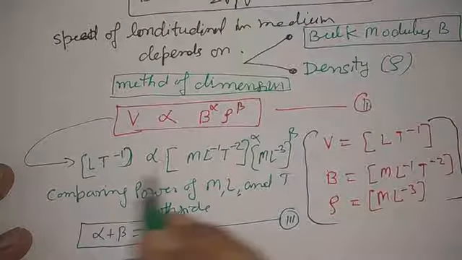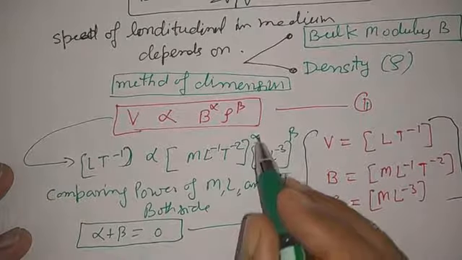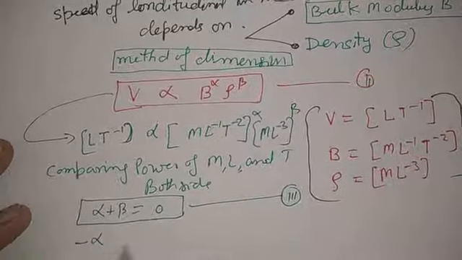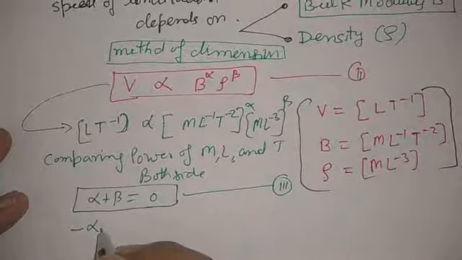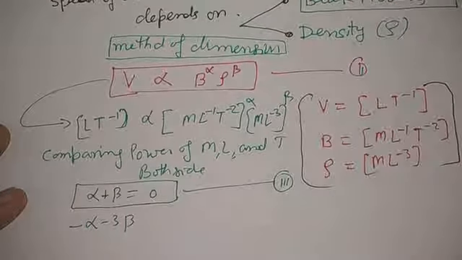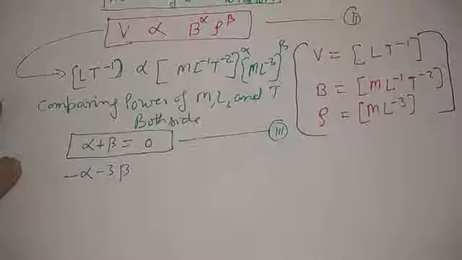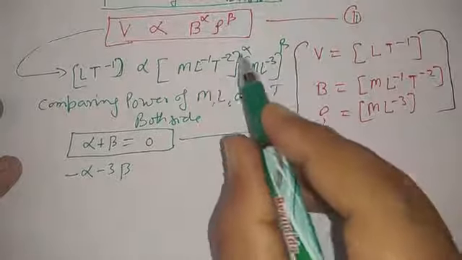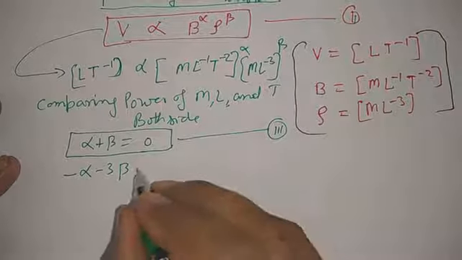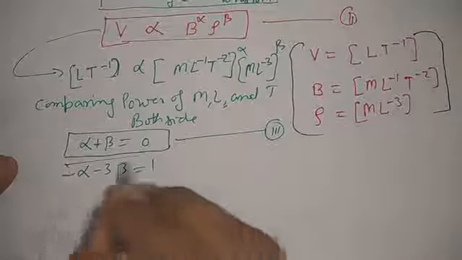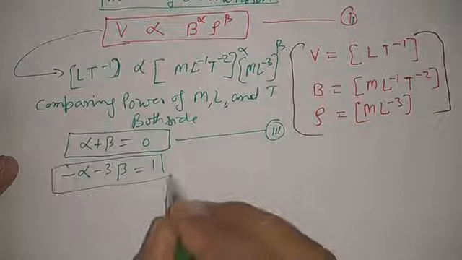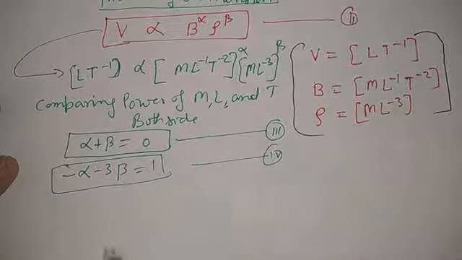Now the power of L: minus alpha minus 3 beta is equal to 1. This is equation 4.